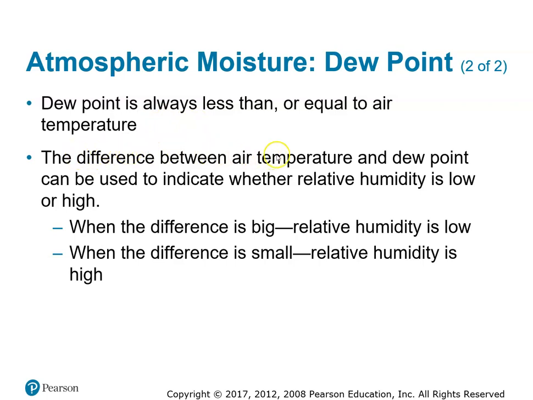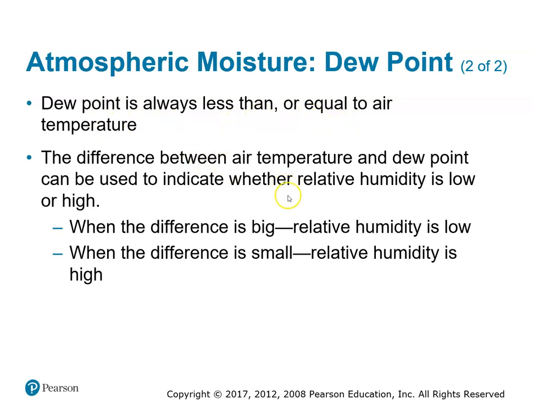All right, so the difference between the air temperature and the dew point is used to indicate the relative humidity, whether it's low or high. If you have a big difference between the dew point and the outside temperature, then that's really low humidity, because of course the dew point is always less than the temperature, or equal to.